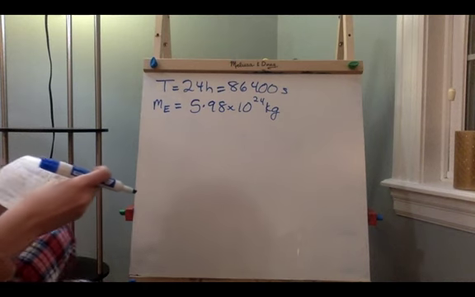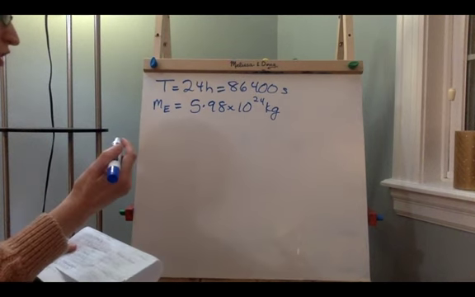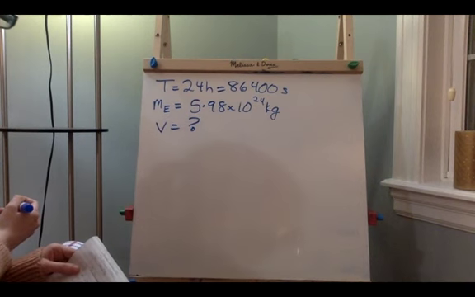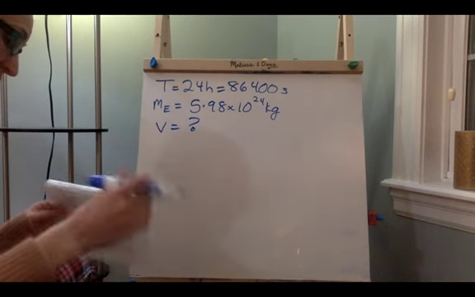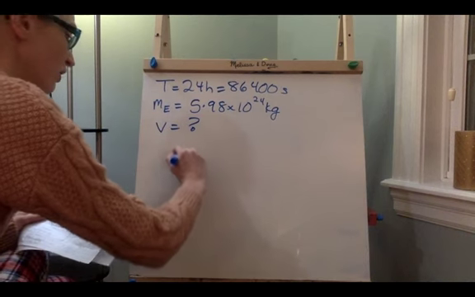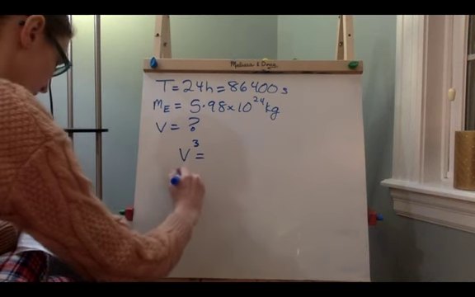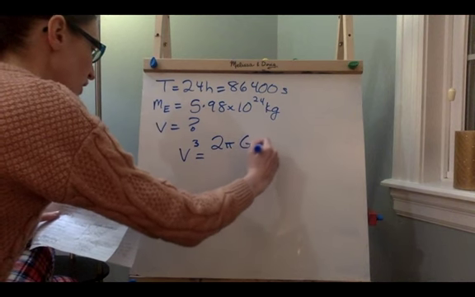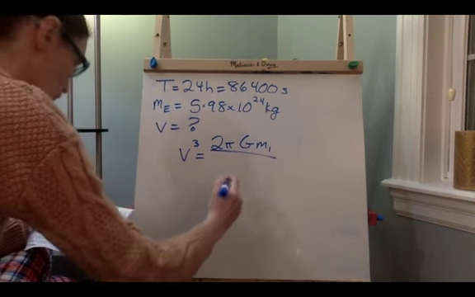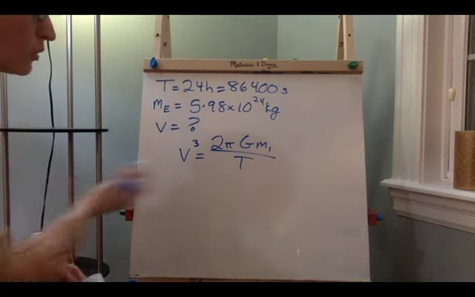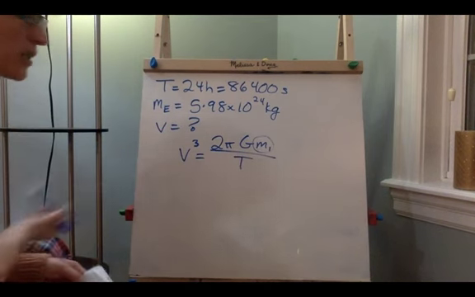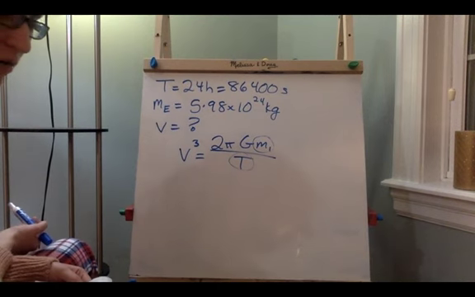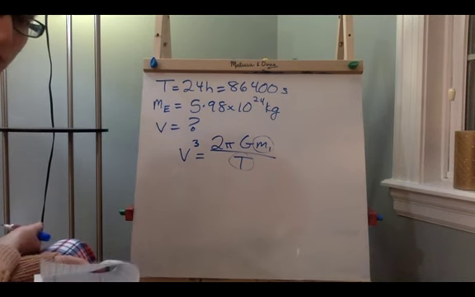Okay, so recall the formula we just derived. We were looking for the velocity to start, and the formula we derived involved that idea of velocity, right? We just came up with v cubed is equal to 2 pi G m1 over T. The only variables in this formula are the mass of the object you're rotating around and the time it takes for the rotating object to complete one full rotation.